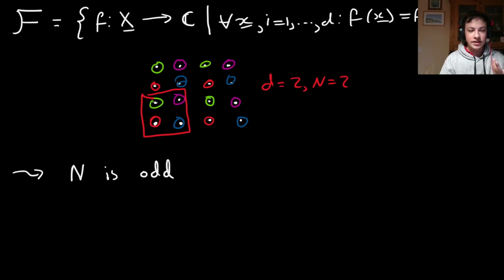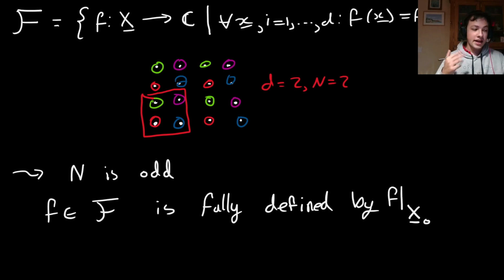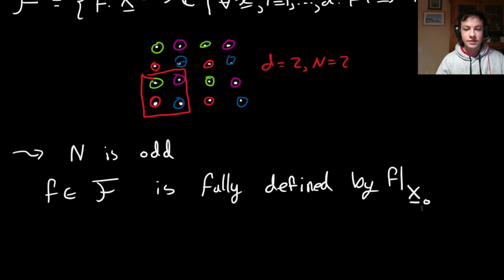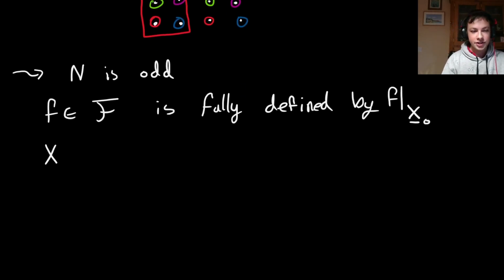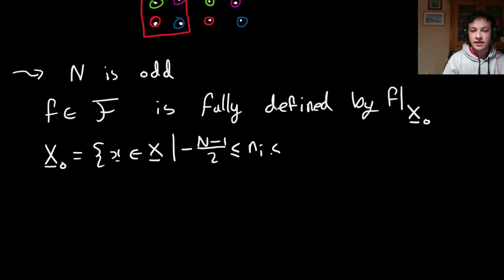And so we see that if f is one of these periodic functions, it's fully and uniquely defined by its evaluation on just a subset of the spatial lattice X, this fundamental box X naught, we'll call it, which is elements of the space lattice such that all of their coordinates are restricted between minus n minus 1 over 2, less than or equal to ni, less than or equal to n minus 1 over 2.